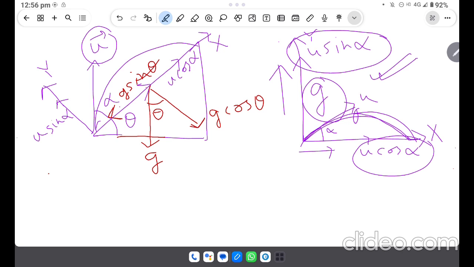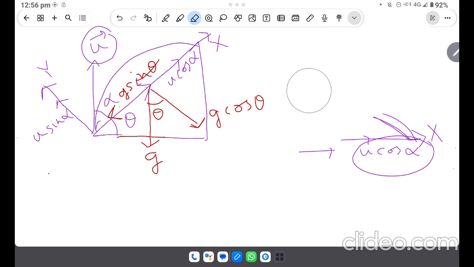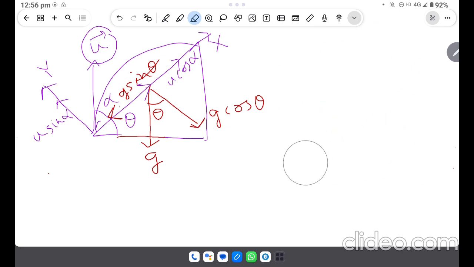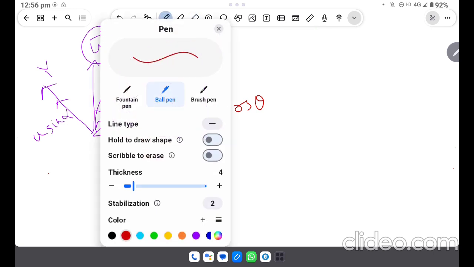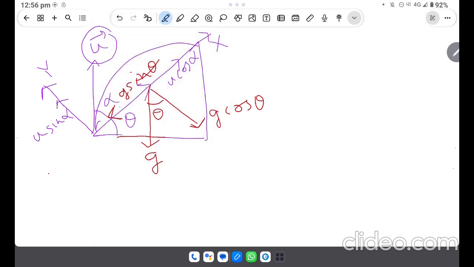Now we can get all the components and all the values of the quantities. Let's write one by one what those things are. First of all, look at this picture again. U cos alpha is acting along this direction, right?